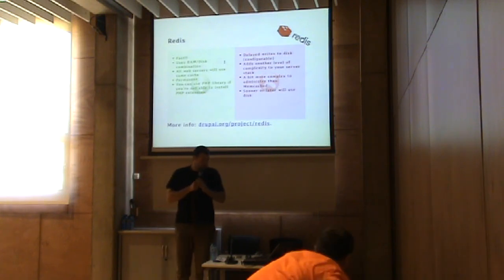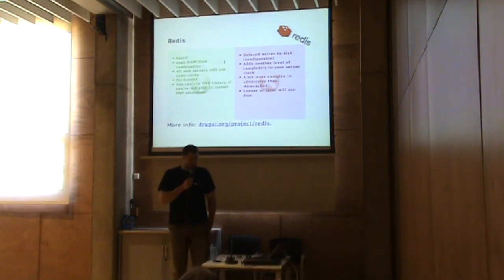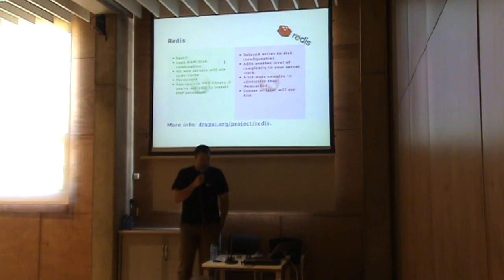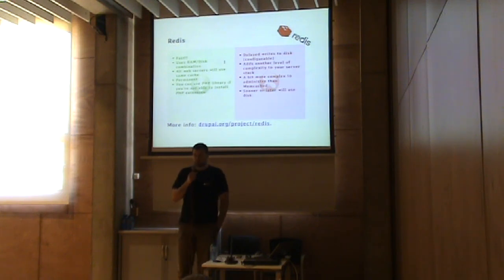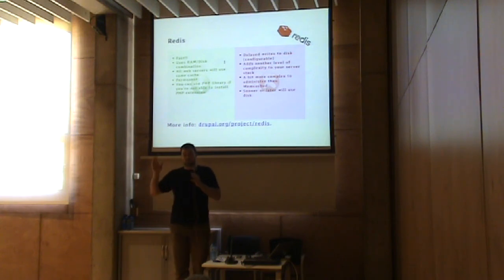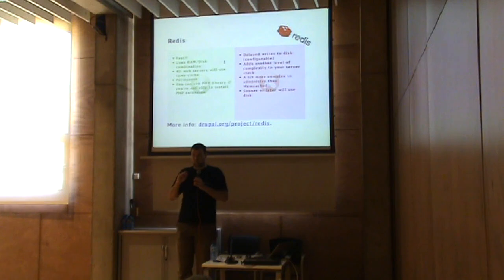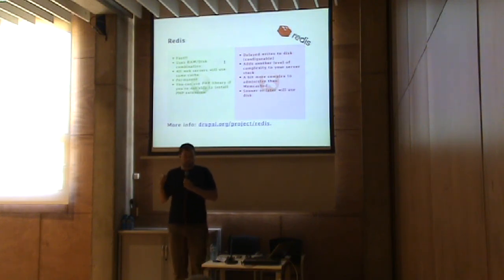Redis is a key value store. It's fairly similar to Memcache, except that it knows how to write data to disk if you need your data permanently. You can configure it, you can tell Redis, okay, write data to disk if there were 10 changes, 100 changes, so you have control over how often Redis writes to disk.